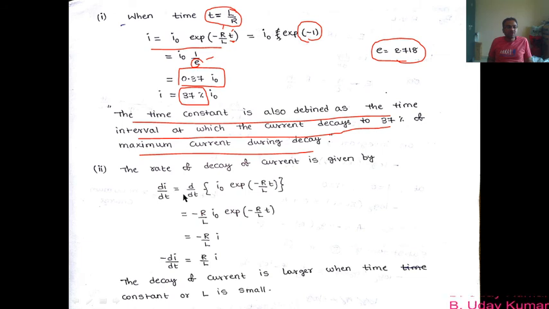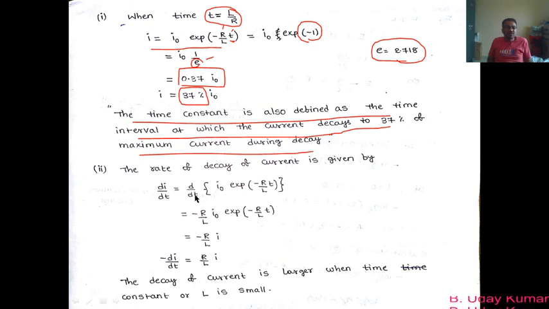And similarly we also try to understand the rate of decay, how the current decreases with respect to time. So dI by dt: I already know the equation of I, so if I differentiate this, I get dI by dt. This is the equation of current that we got. If I differentiate this equation, this calculation we have already done: I0 is constant, bring it out.